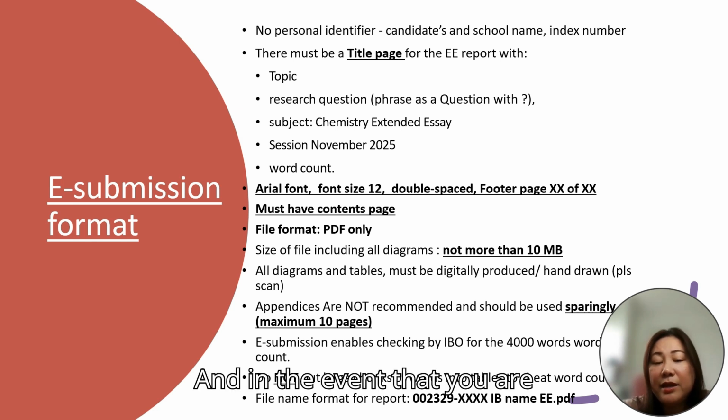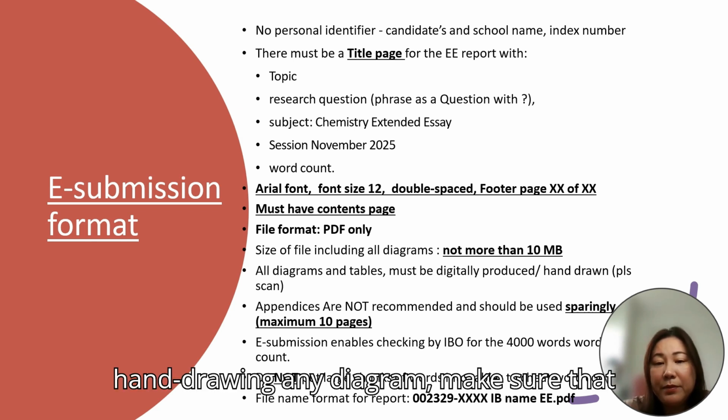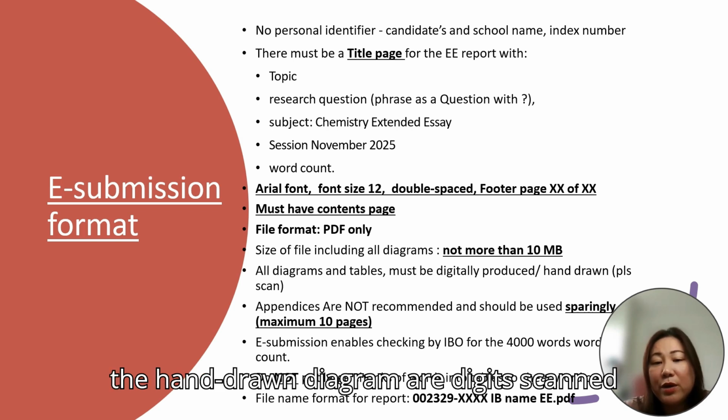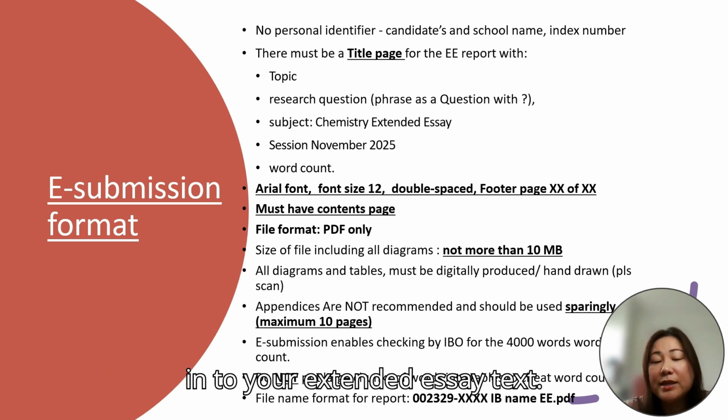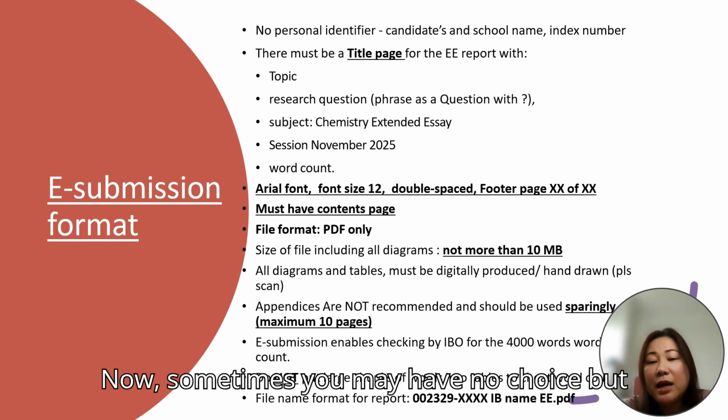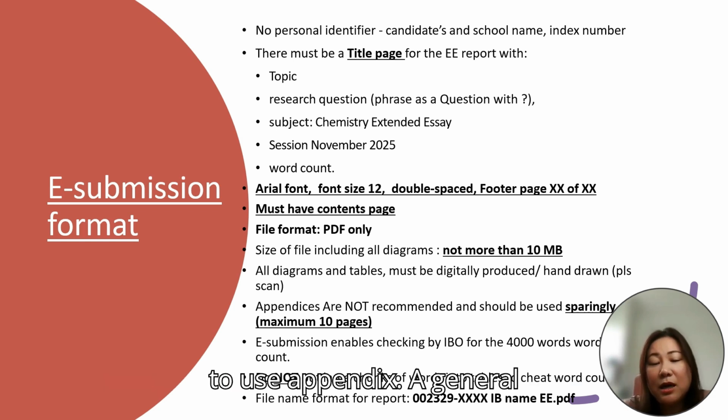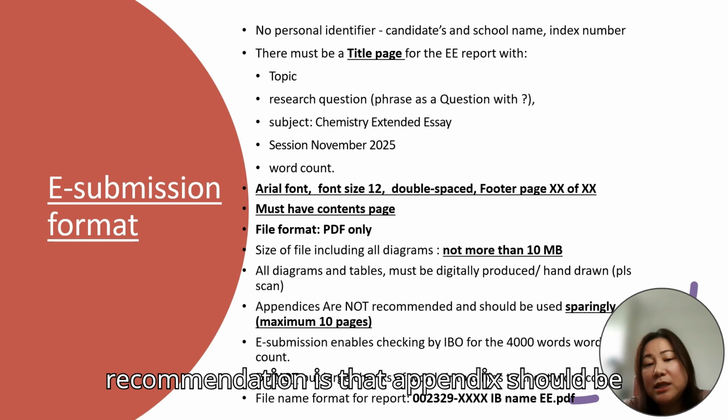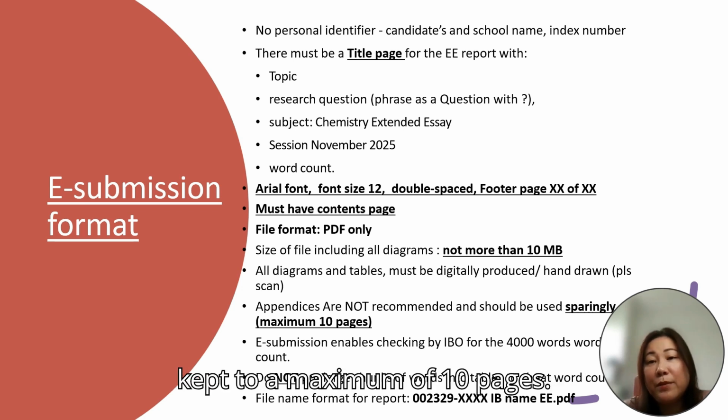And in the event that you are hand drawing any diagram, make sure that the hand drawn diagram is scanned into your extended essay text. Now, sometimes you may have no choice but to use appendix. A general recommendation is that appendix should be kept to a maximum of 10 pages.